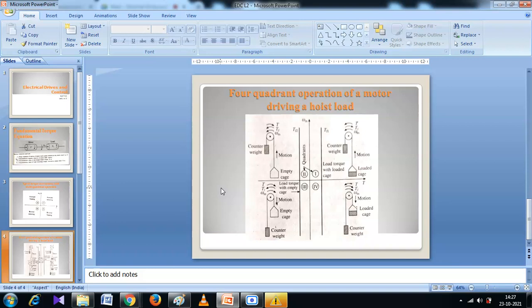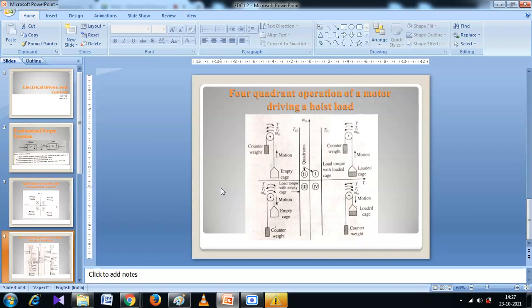When we uplift the loaded cage, we have to produce a positive torque because the loaded cage weight is high, so that the loaded cage goes upward.